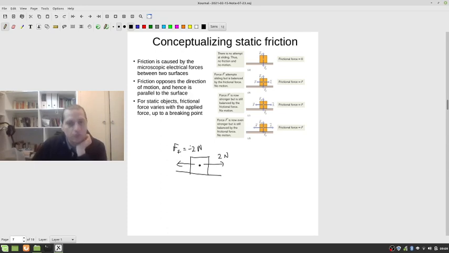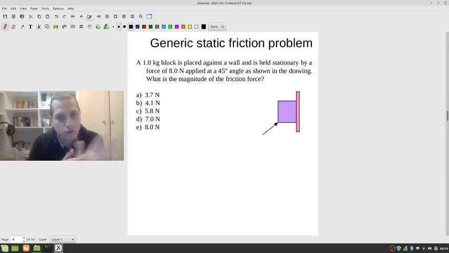Now, that value is not going to be captured in an equation that gives me the maximum value. Because if I put on 5 newtons of force, I would get back minus 5 newtons. And this is going to be true all the way up until I can break that object free and it starts moving.